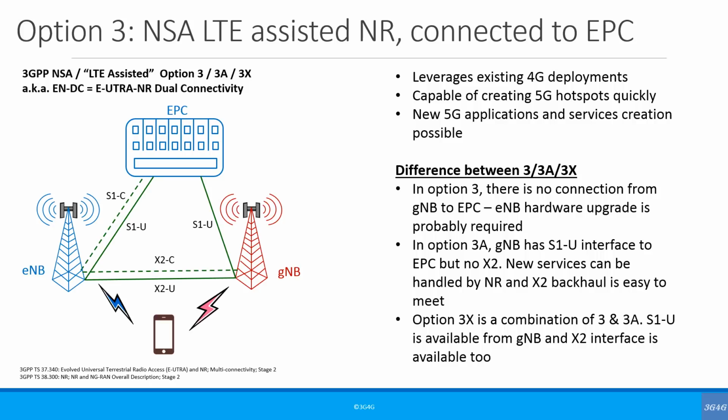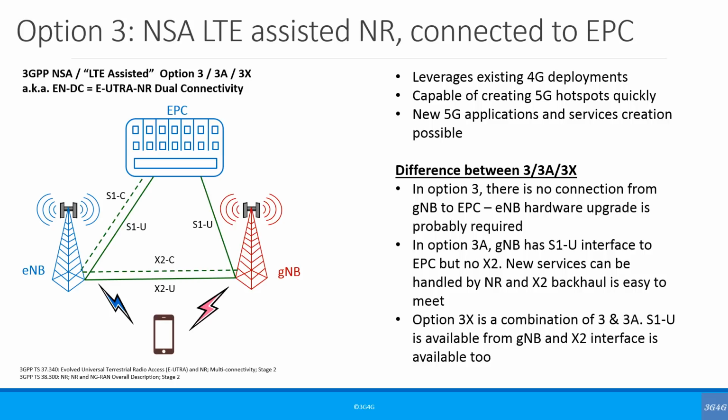So the advantage of this is that the traffic generated by new services can be handled by the new radio, while only the signaling goes through E node B. So there is of course probably a need to upgrade the E node B or the X2 interface anyway, to handle signaling. But otherwise, the EPC might need upgrading just to handle a lot more traffic, which is actually true for all the different three sub options.